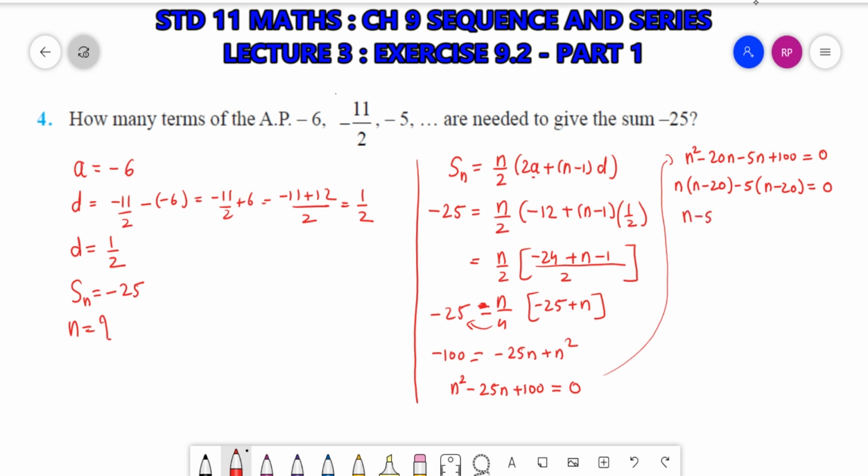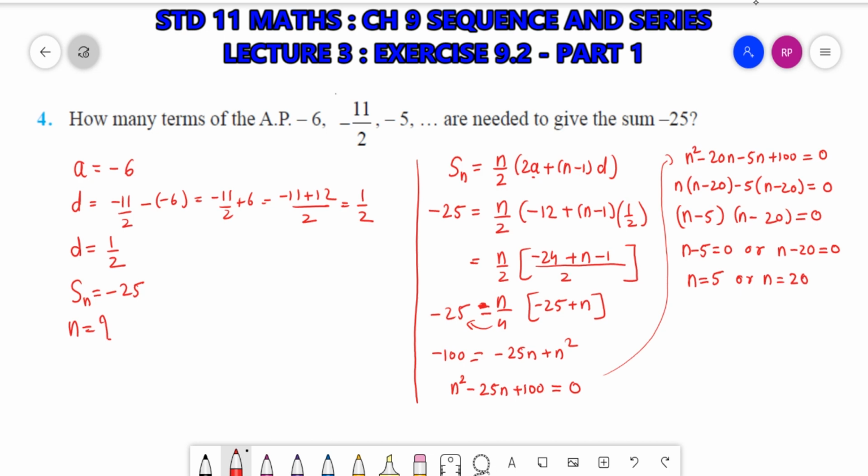It's (n minus 5)(n minus 20) equal to 0. So either n minus 5 is equal to 0 or n minus 20 is equal to 0. This gives us either n is equal to 5 or n is equal to 20.